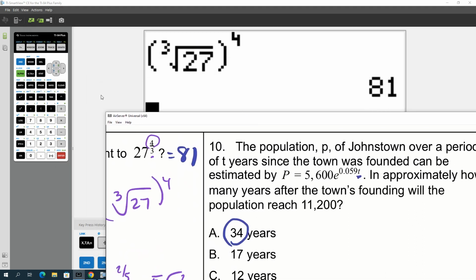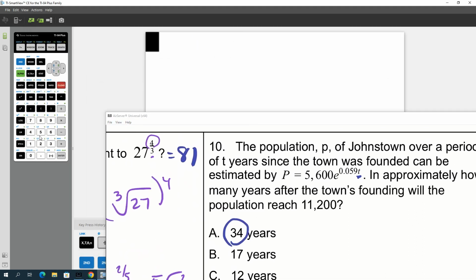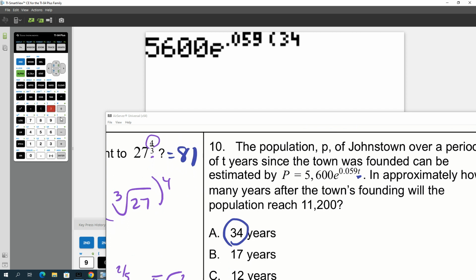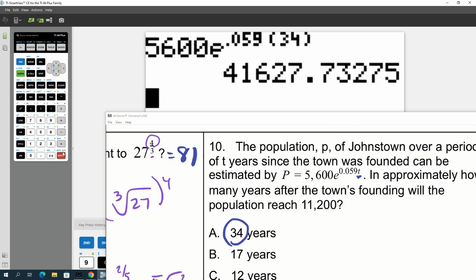To get E, let me get this 56,000. E is second, and then ln. All right, and then I'll put in 34 for the T. Got to do it right. So that's way too big. And then you don't have to retype everything.